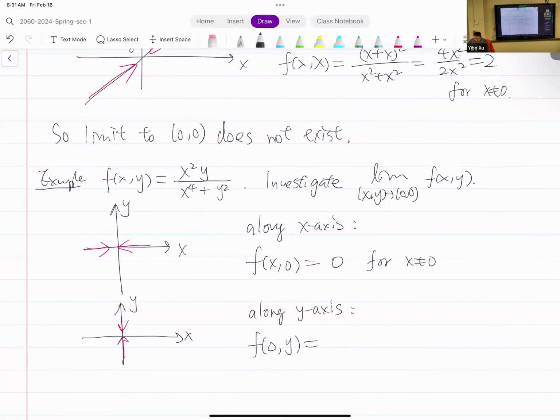So although it's a 0, the expression is a little different. This fraction is kind of a trivial zero. It doesn't matter that much, but there's a difference.